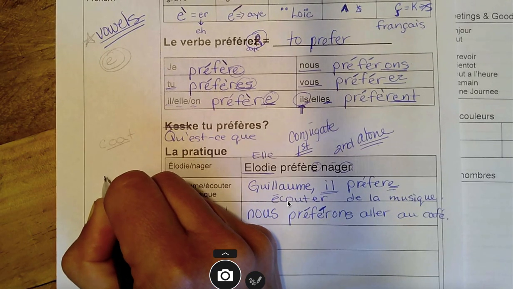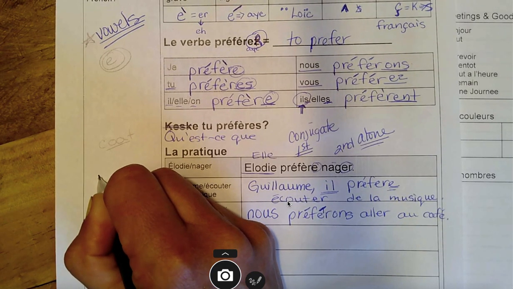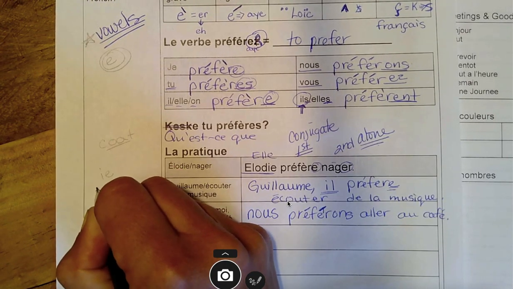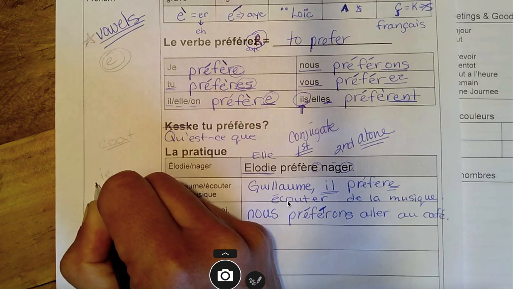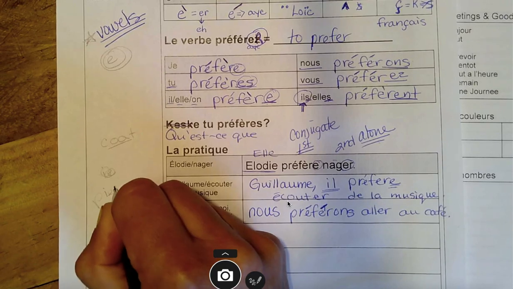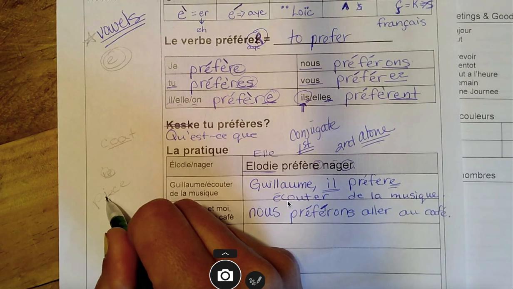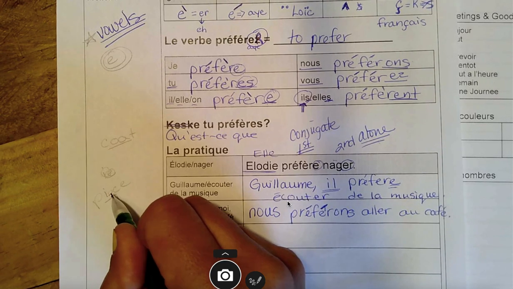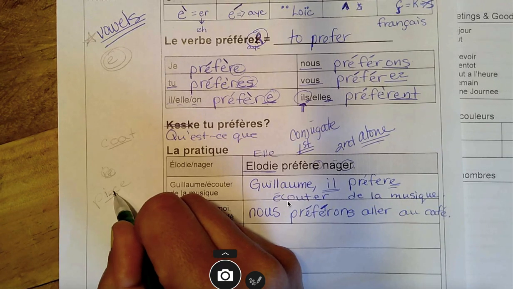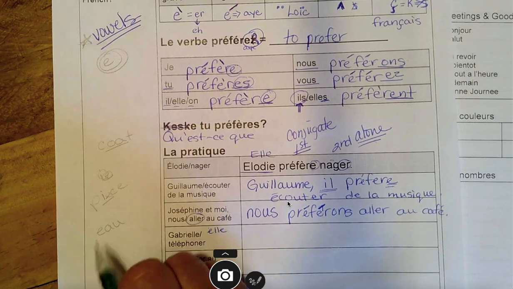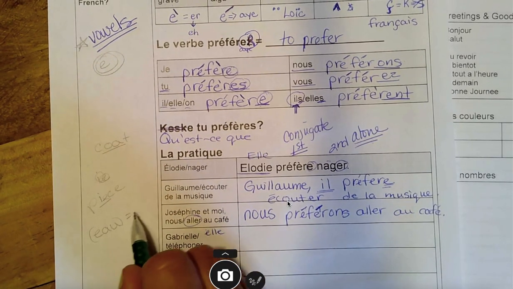Or if we have IE, like piece, a piece of pie. It's not pee-ess, it's piece, it's just one sound. The same as in French. If you have two vowels together, it makes one sound. Like this, E-A-U, these vowels together make the O sound.